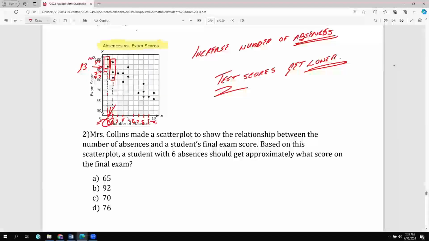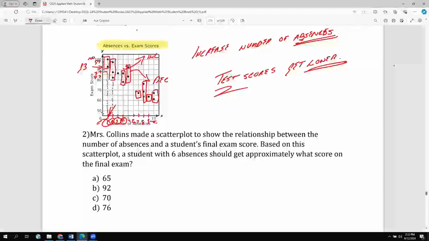So what's happening is, can you tell that as you continue to increase the number of absences, what's happening to the scores? Are the scores increasing? Am I going back to maybe 100? Or are the scores decreasing? If you said, hey, it looks like the more absences you have, the lower your scores tend to get, doesn't that make sense to you?